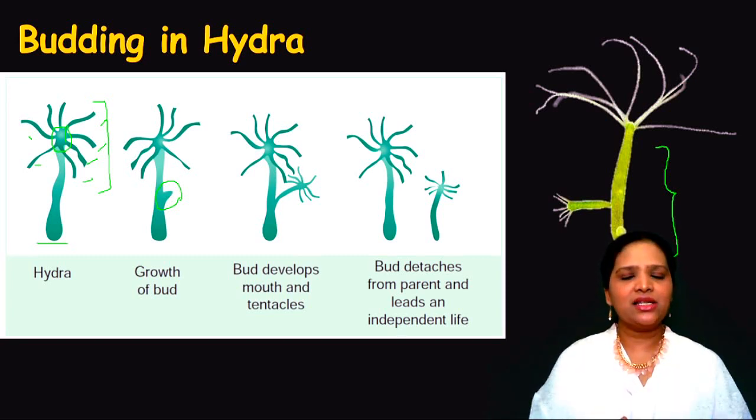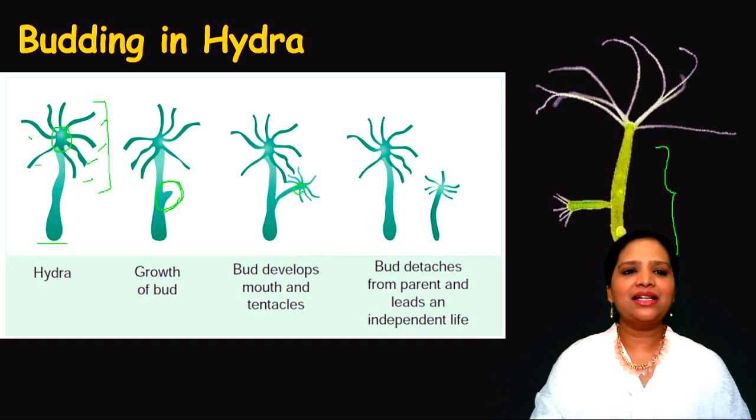Next, the endodermal layer, the inside layer, pushes out and forms a bigger bud. Then this bud enlarges and develops a mouth and tentacles, and finally the young one gets detached from the parent at the base itself and leads an independent life.